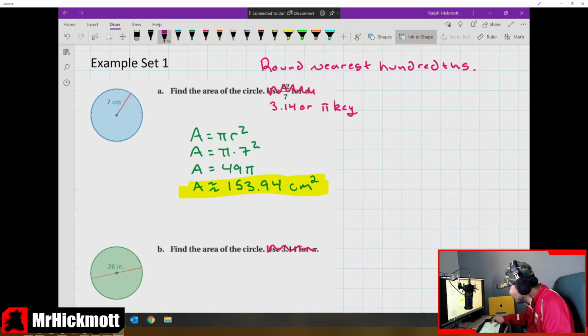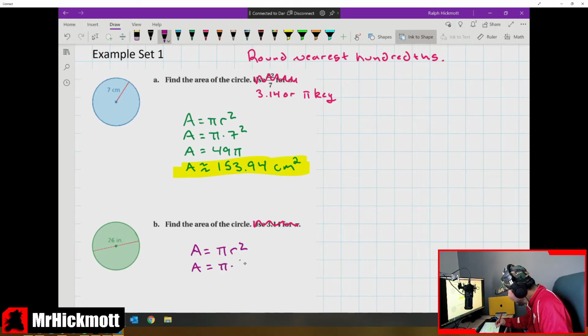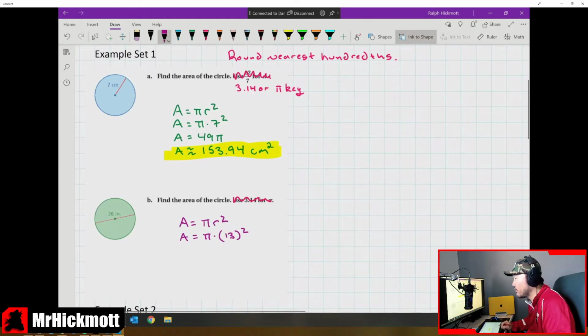There's not much more to this, but for the most part, just be careful what you're given. Like at B, A equals pi r squared. And I noticed right away that 26 is the diameter. Well, let's just go ahead and use the radius. It's half that. So A equals pi times 13 squared. There's nothing different about what we're going to do with diameter.